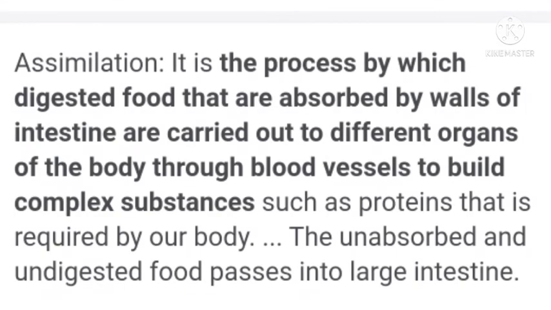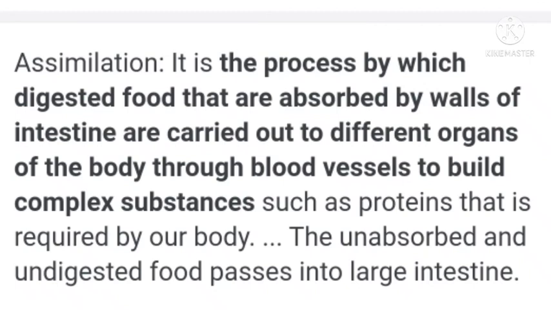Okay, now after that assimilation takes place. Assimilation, in simple words which you can remember, is the utilization of food which is absorbed. So assimilation is the process by which the absorbed food is carried to different organs of the body through blood vessels to build what? To build complex substances such as proteins which are required for the growth and repair of our body tissues.